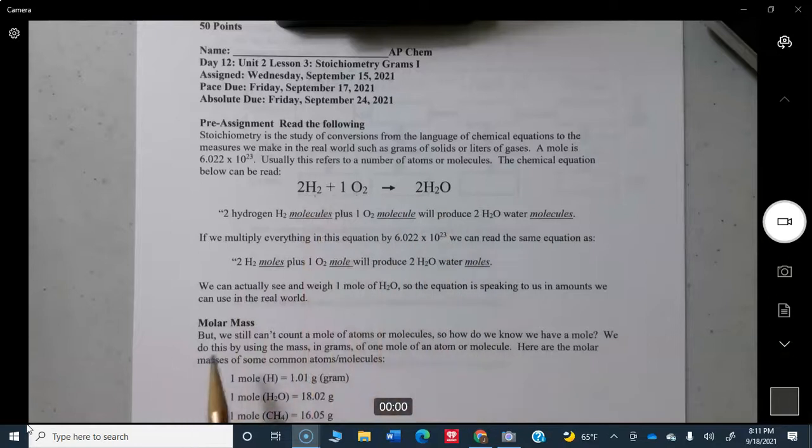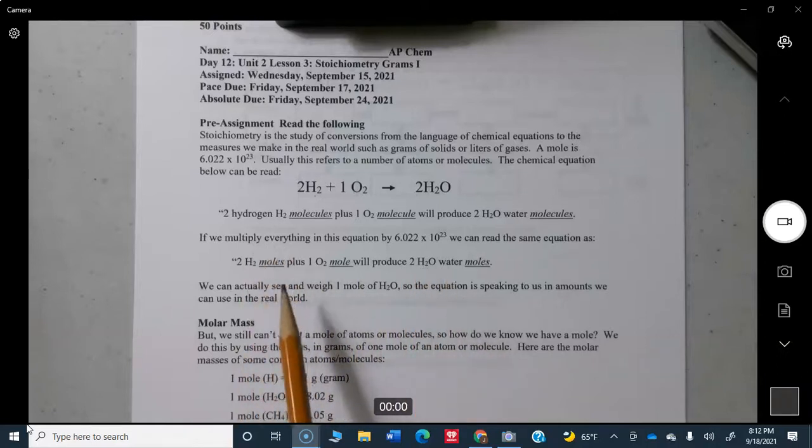Now, if we can't see atoms and molecules, because they're too small, we multiply everything by a very large number, 6.022 times 10 to the 23rd. We can read the same equation as 2 moles of H2 plus 1 mole of O2 will produce 2 moles of H2O.